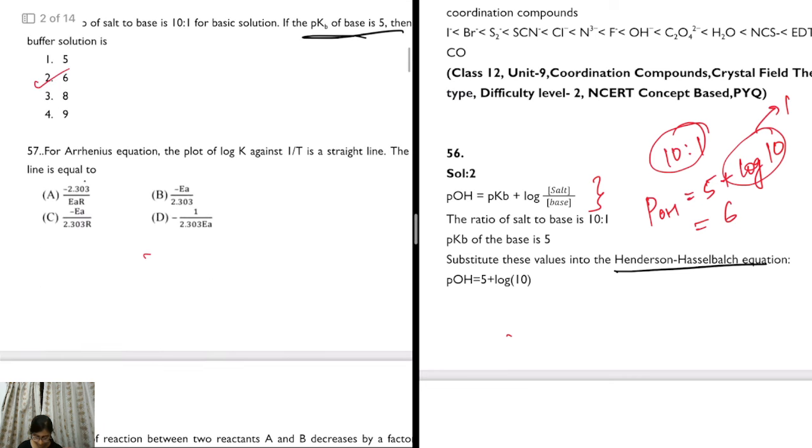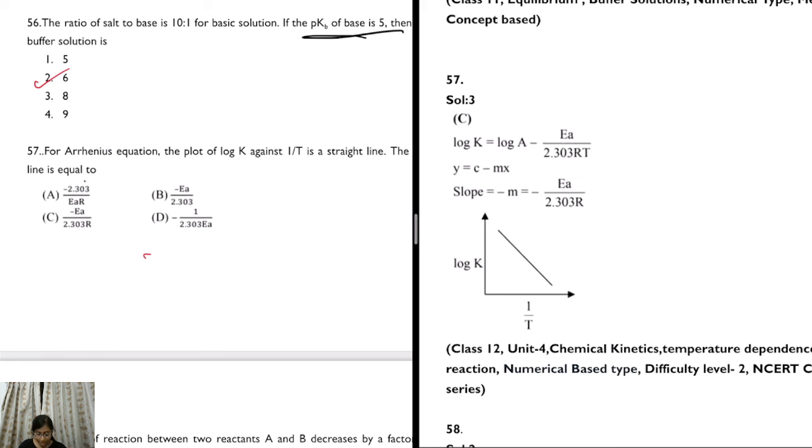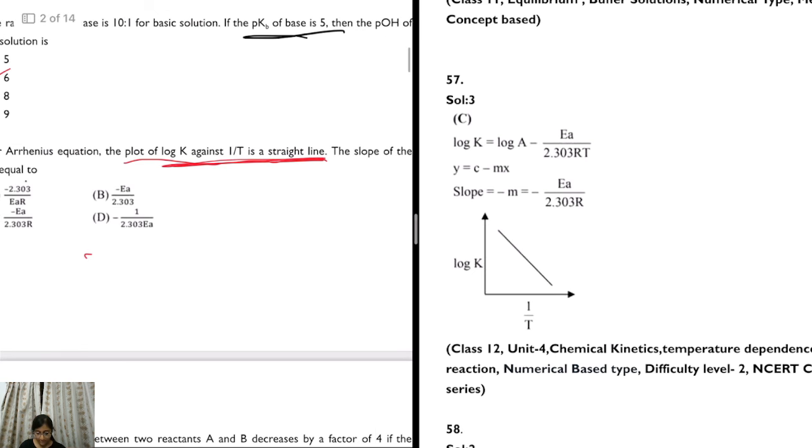Now in the next question, let's see. Arrhenius equation, the plot of log k against 1 by T is a straight line. The slope is asked. See, we all know that this is the Arrhenius equation.